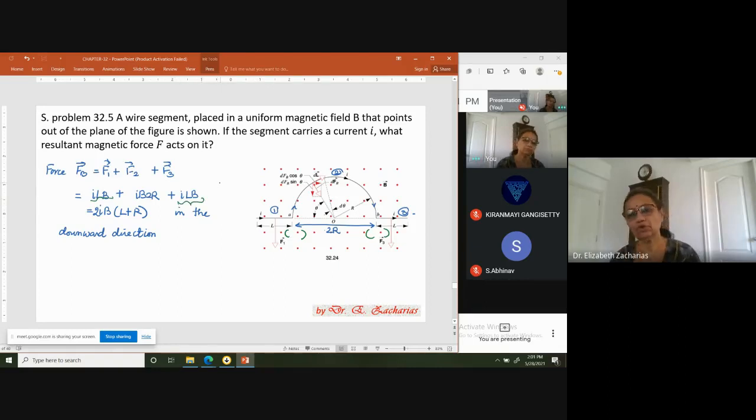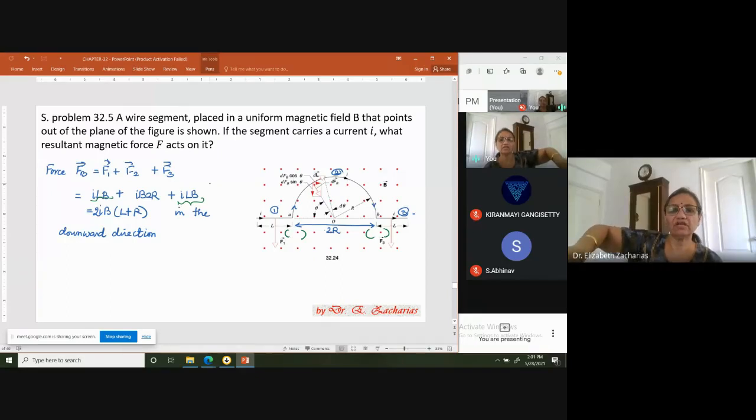No problem there. And what is the direction? The direction I can see is downward, L cross B. It's the downward direction.